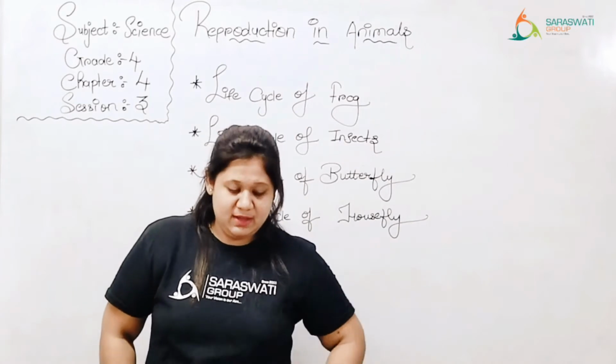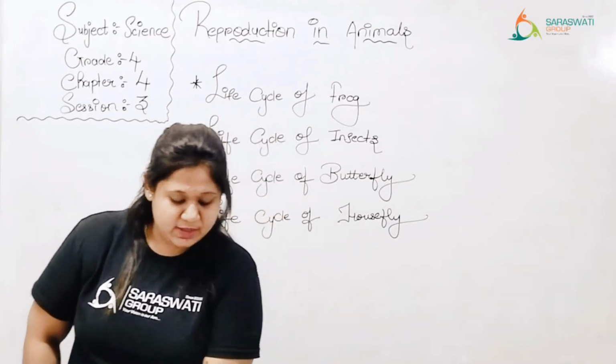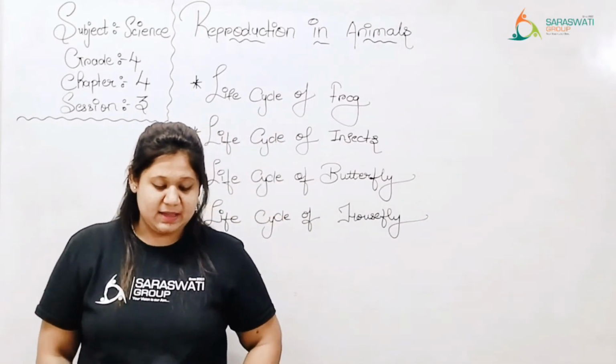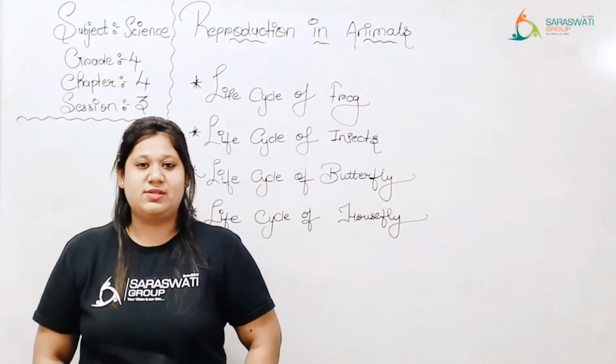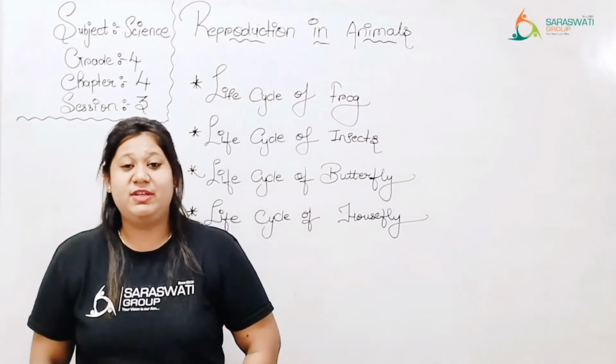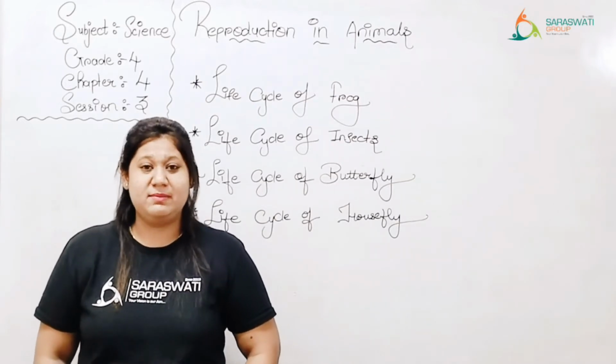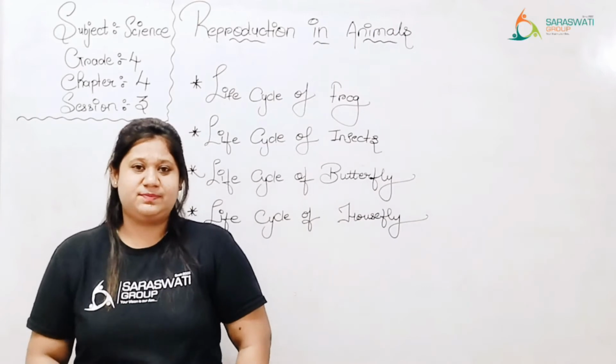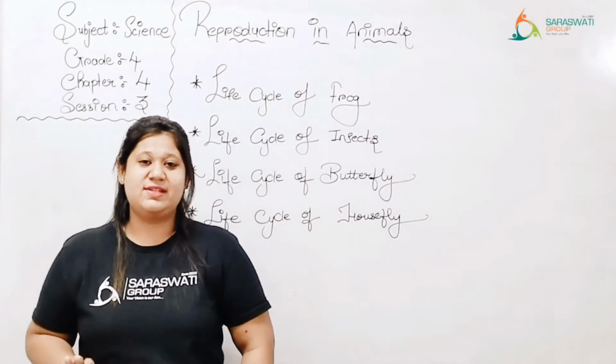A female frog lays hundreds of eggs at a time in a lake or a pond. Kids, normally what do we know? Female birds, female frogs, female insects, whatever, normally they lay eggs, right?